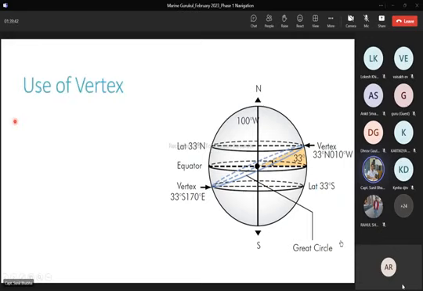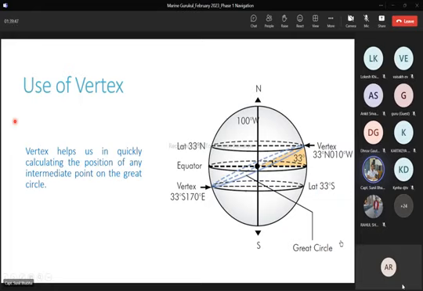So we have understood what the vertex is and what are the different properties of the vertex. Now, what is the use or utility of this vertex? Vertex helps us in quickly calculating the position of any intermediate point on the great circle. Now, using spherical trigonometry, we have done basic great circle problems. We have found out the great circle distance between 2 points.